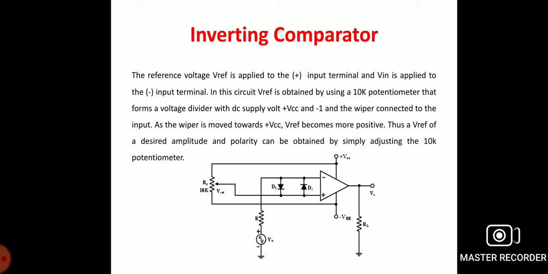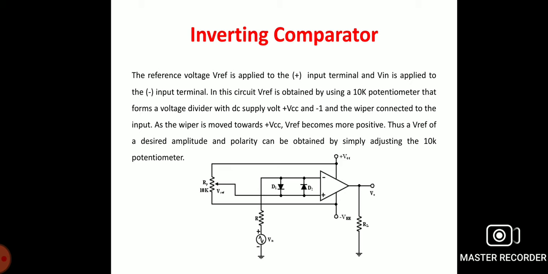Diode D1 is connected to the feedback resistance RF, and diode D2 is connected in the forward direction to the 10 kilo ohm feedback resistance, and the input voltage is applied to the inverting input, while the non-inverting input is connected to the feedback resistance.